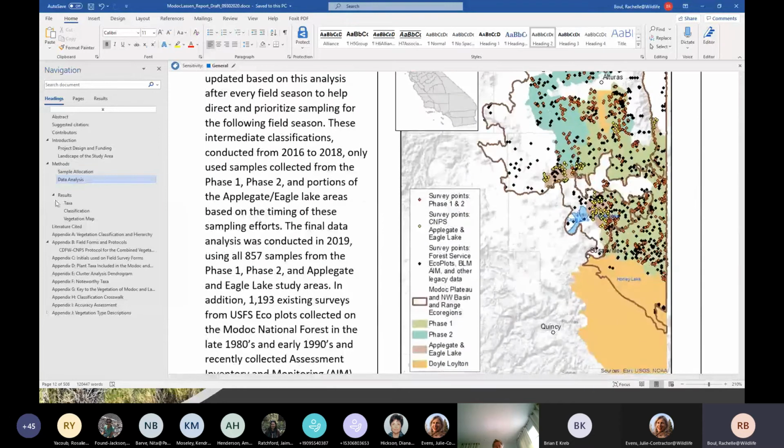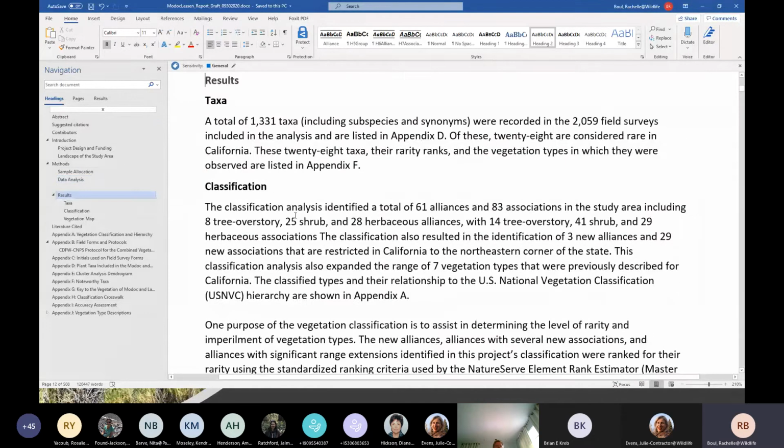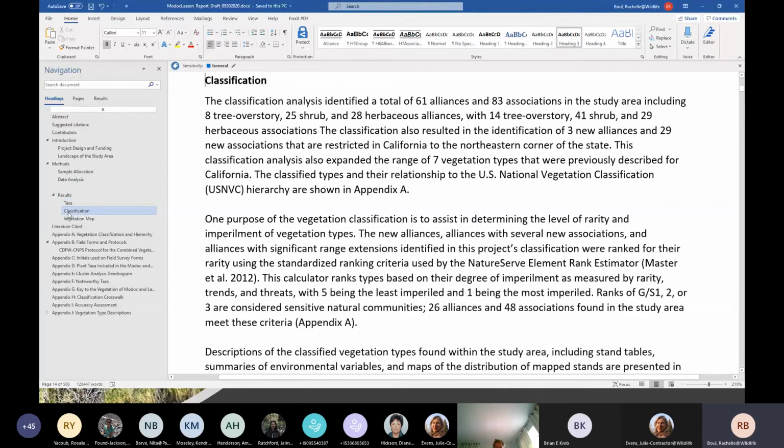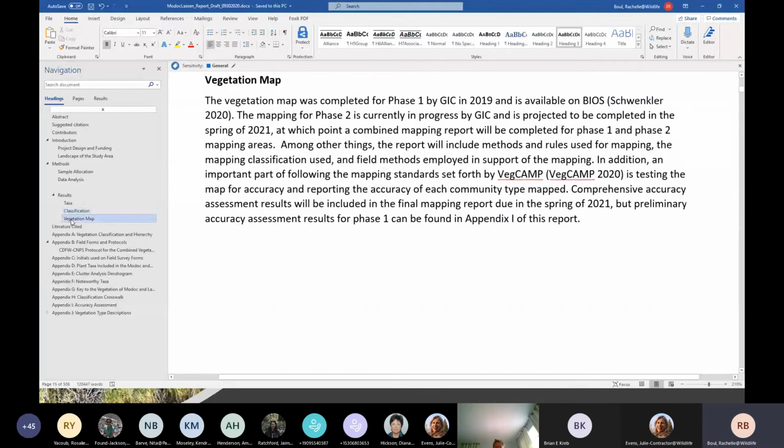And then of course, you have the results that include information about the taxa that were included, and then the classification that came out of that, and then a little blurb about the vegetation map. But that's mostly going to be in a report yet to come.